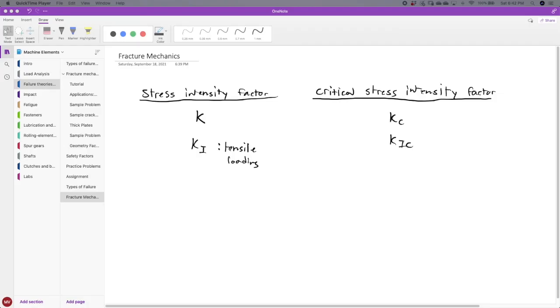In fracture mechanics, it is believed that brittle fracture occurs because of the load on a given material, causing an assumed crack to spread rapidly in the material, which is what I just showed you. In fracture mechanics, the load on a material is directly related to a stress intensity factor, or K, as we'll be studying. K_I indicates tensile loading.